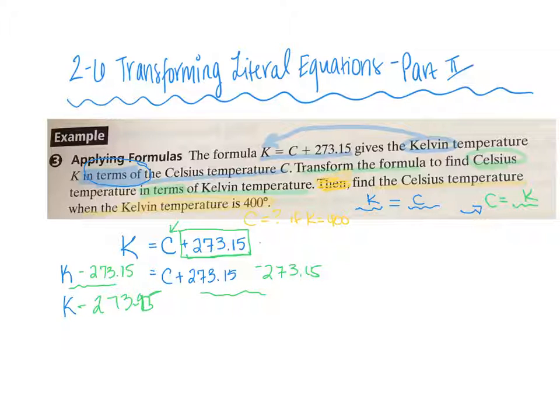Oh, sorry, guys, that's K. Equals C. Because now my 273.15 crosses out, leaving just C by itself. So now I know that I can find C equals K minus 273.15. Same thing. I just totally rearranged it. I just give the mirror image.